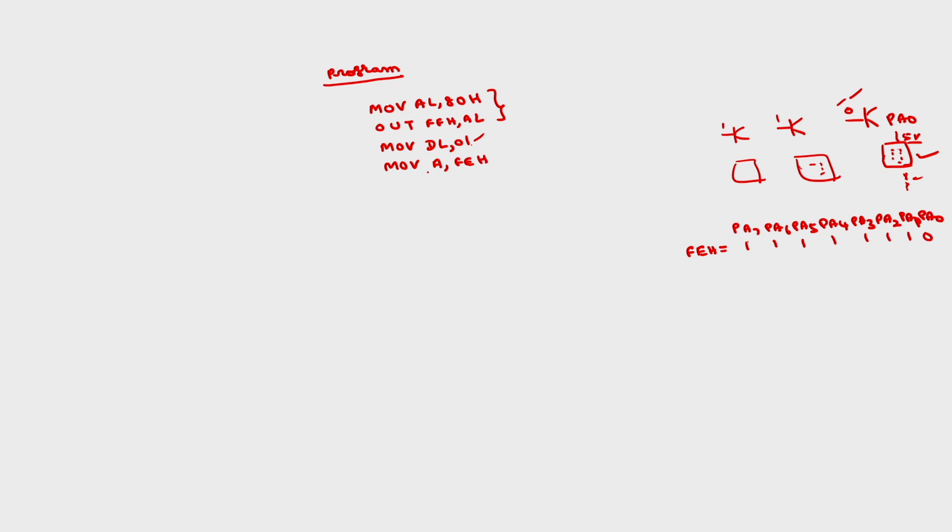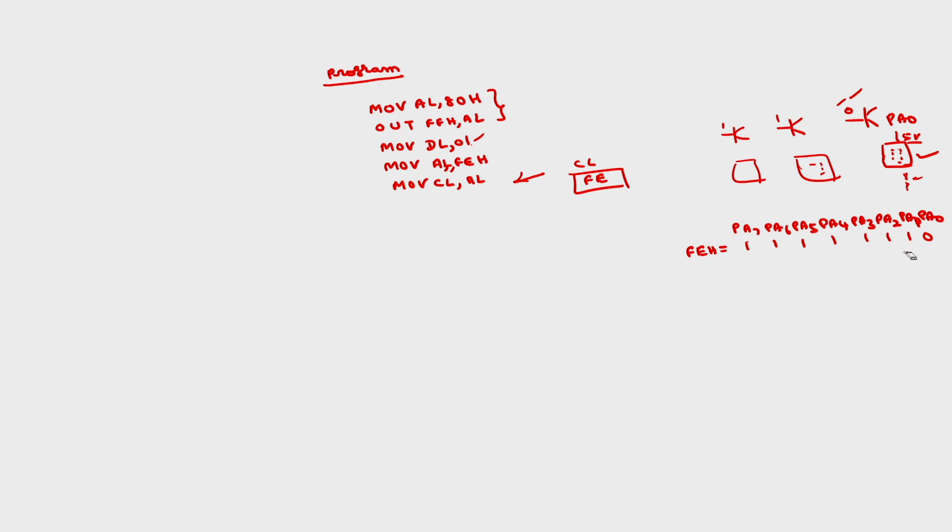I am storing this in AL because all the time I have to use AL in OUT instructions. So I am saving this FE content in MOV CL also. In CL I am storing this FE, because at a later stage I have to rotate this, because in the next stage I have to make this bit 0, so that the second display will be selected and so on.